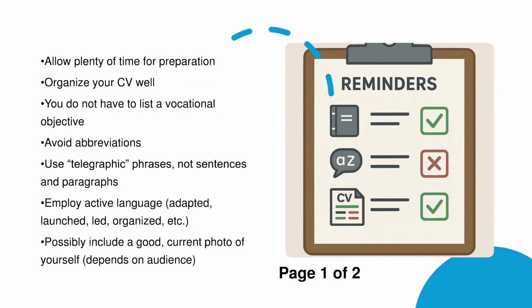Please use some telegraphic phrases, not sentences and paragraphs, except for possibly your profile statement. That would be the one exception. So most likely it's not going to be full sentences. These are going to be phrases in your CV. Employ active language, for instance, adapted, or I launched something, or led this, or organized this.